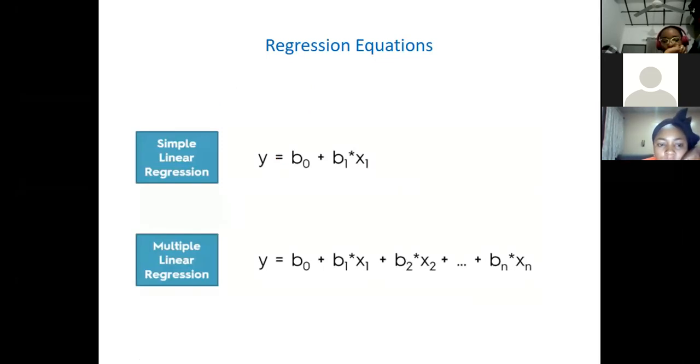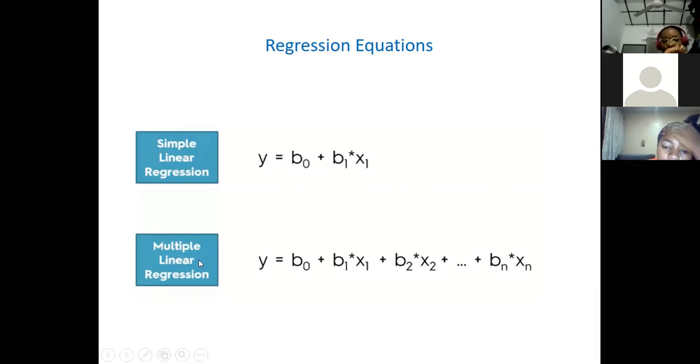So the regression equation I just explained is y is equal to B0 plus B1 X1. That B0 is also a coefficient, but it's the constant, the one for the intercept. This first one is simple linear regression, whenever there's only one independent variable, only one X1, and we have only B1.